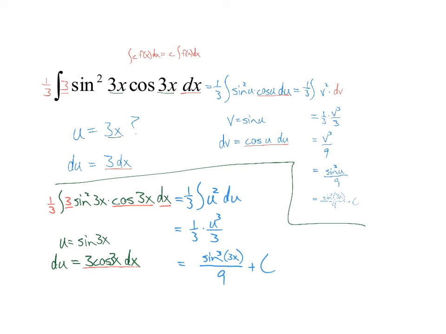The reason why it worked to just do u as sine of 3x is because I was able to get everything I needed, and especially because this 3x, when I took the derivative, it was just a constant, so that was easy to work out. So that's a little bit more complicated of one, but notice you can do multiple u substitutions, or sometimes the u can be a composite function itself.